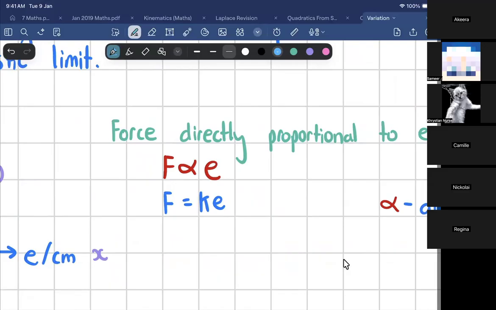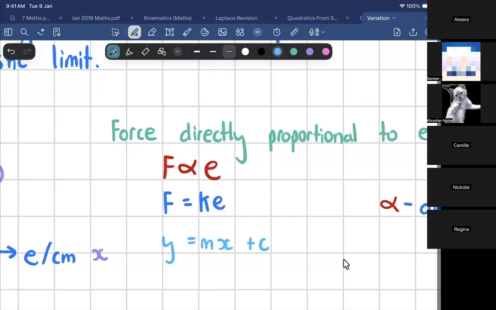Directly proportional. Yeah. All linear graphs are inherently directly proportional, correct? But what I really wanted to hear is y is equal to mx plus c.